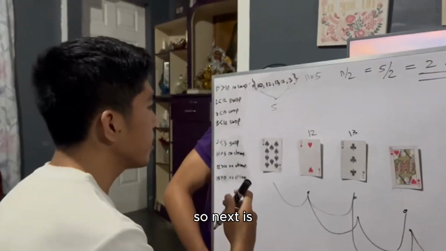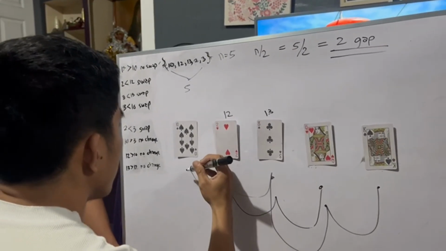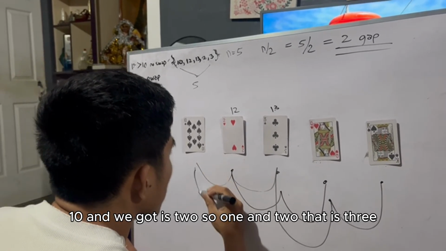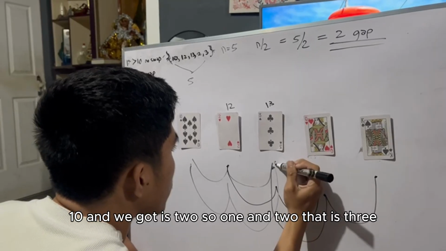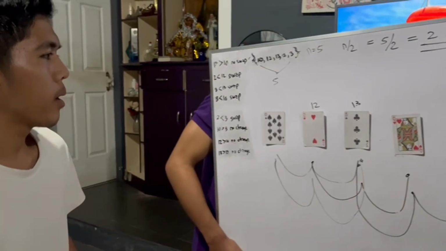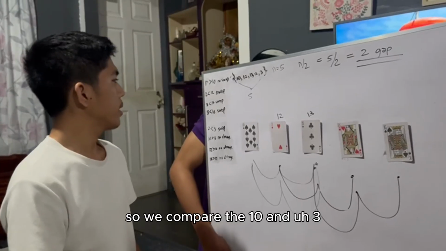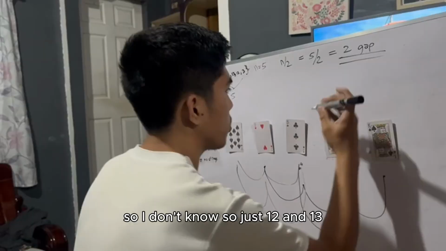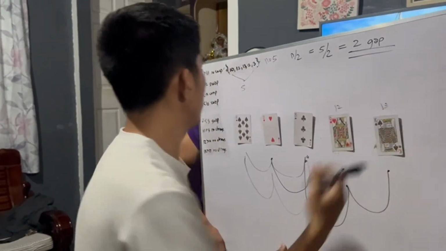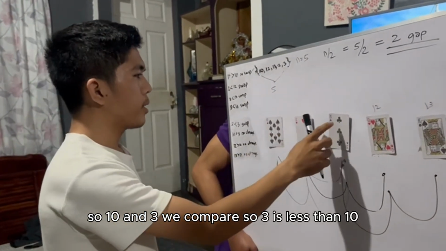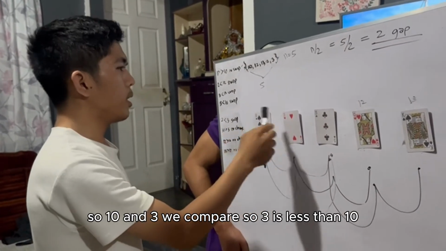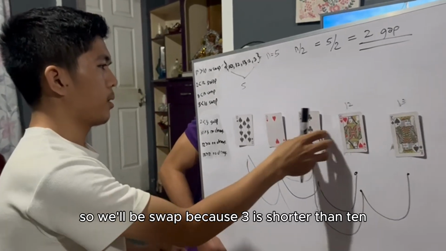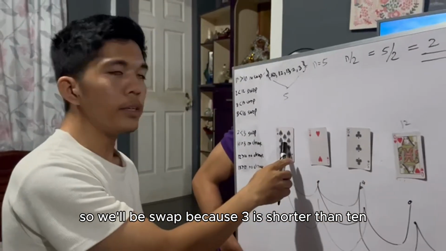Next is 10, and the gap is 2. Sorry, we compare the 10 and 3. 3 is less than 10, so there will be a swap, because 3 is smaller than 10.